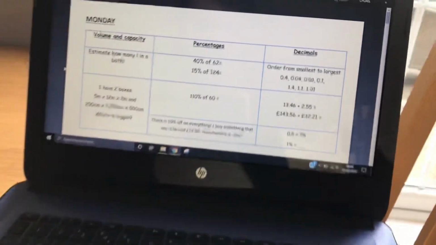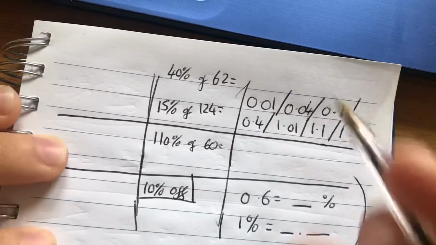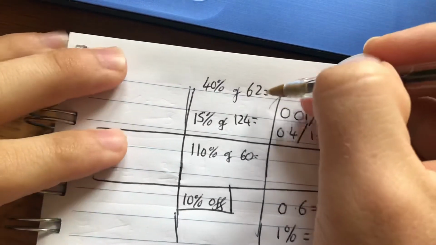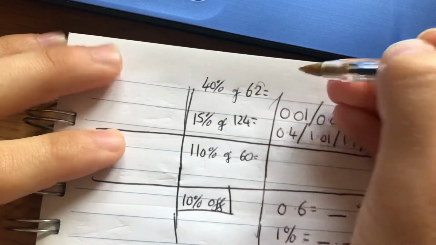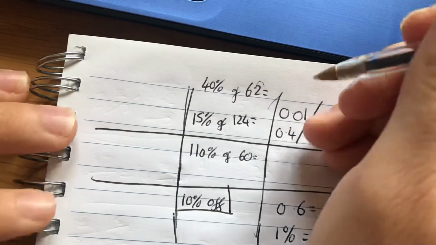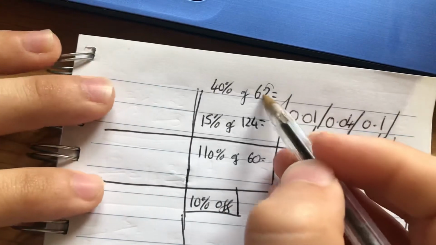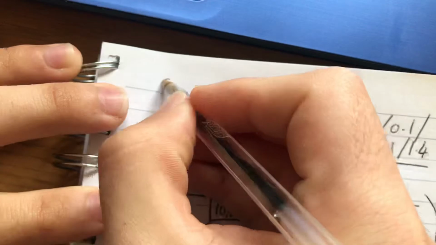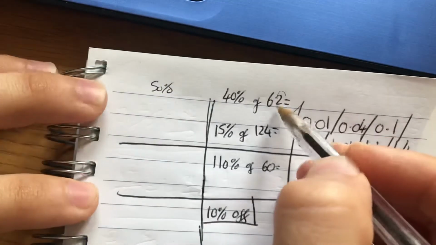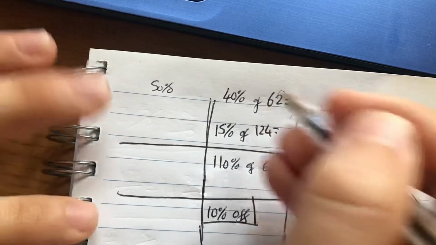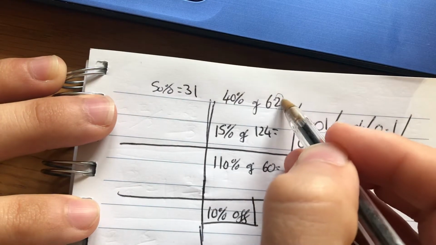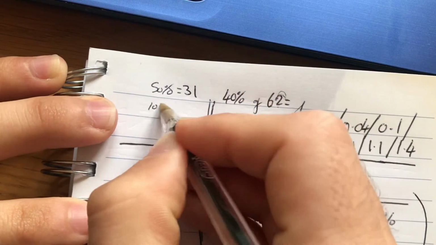On to some of our percentages and decimals in our do-nows. So, this one here, 40% is 62. Now, a lot of you might be tempted to go to 10% times it by 4. That's absolutely fine, you can do that. But there's an even quicker way for this one. If I find 50%, so half of 62, half of 2 is 1, half of 6 is 3, so 50% is 31. 10% is 6.2.